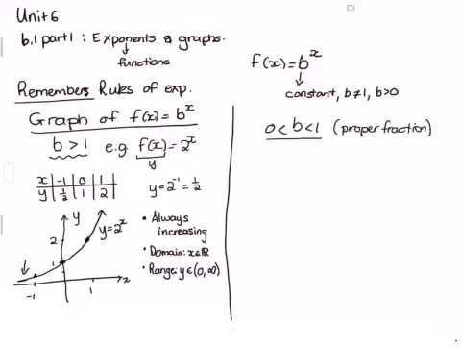Here's a new word. You have a horizontal asymptote. That is, what does this graph never cross? We said it never crosses the x-axis. So the horizontal asymptote is the x-axis.